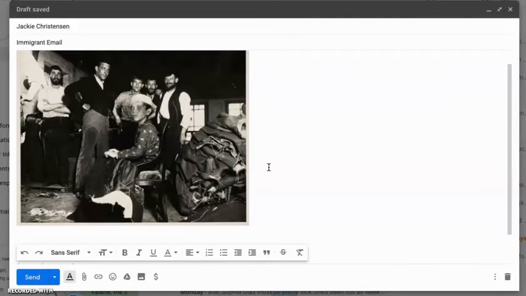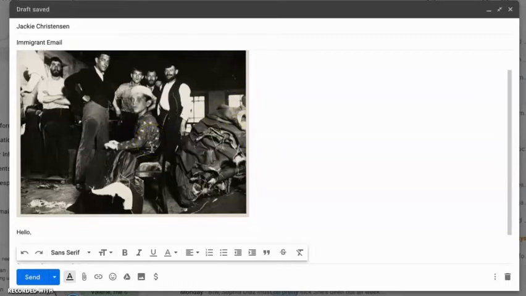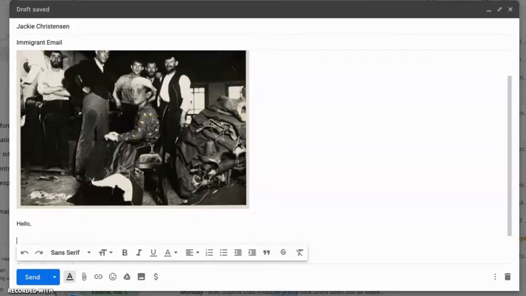So just like our letter in FOL, you are going to write paragraphs about the photo. I don't know these people's names, so I'm just going to say hello. First thing you're going to do is write why you are writing this email. Just like our letter, you are going to write why you are going to write this email.